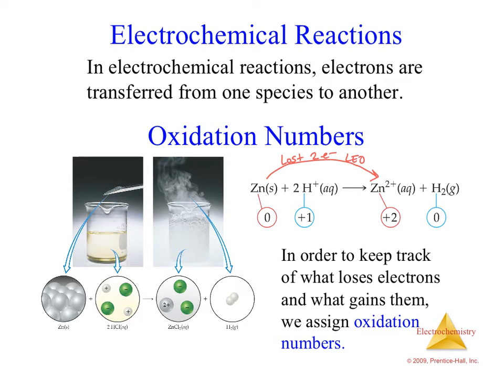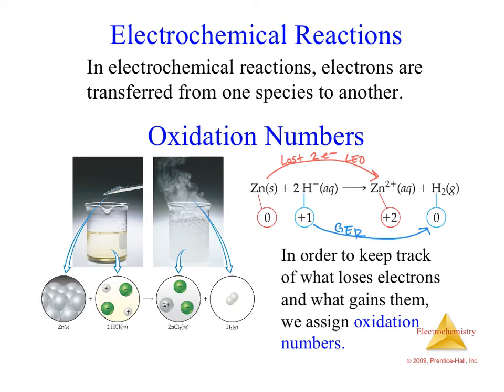Losing electrons is oxidation. Hydrogen went from an oxidation state of +1 to 0. Electrons come in as negative charges, so if we become less positive, that means it gained electrons. It was reduced, and each hydrogen atom gained 1 electron to form the neutral H2 molecule.